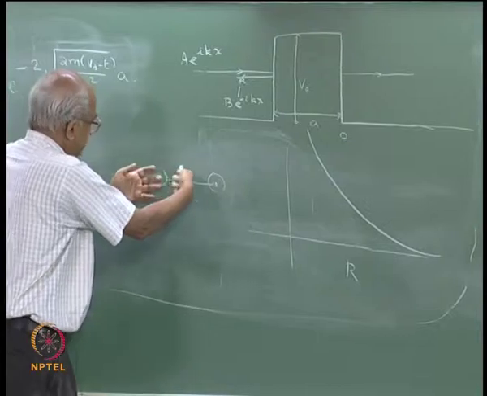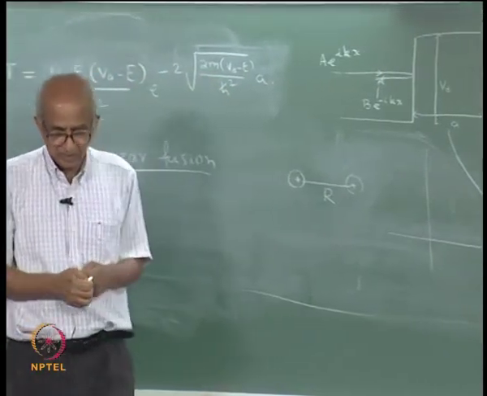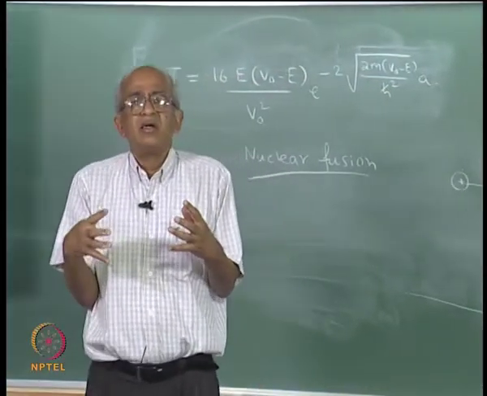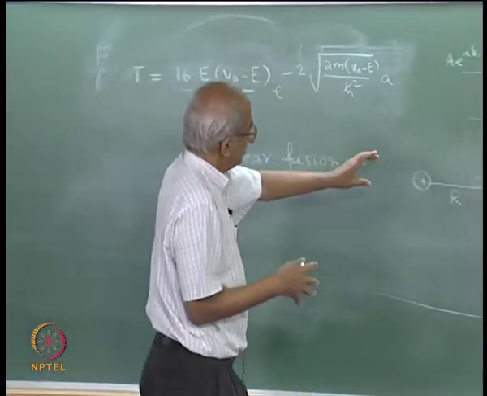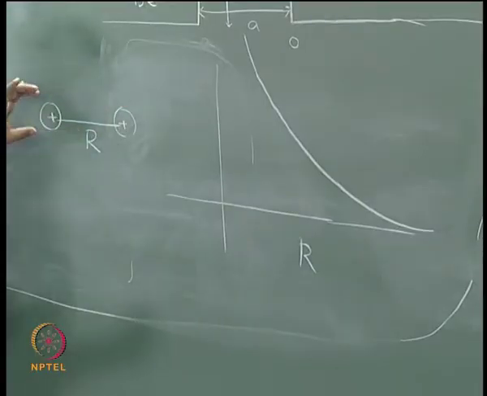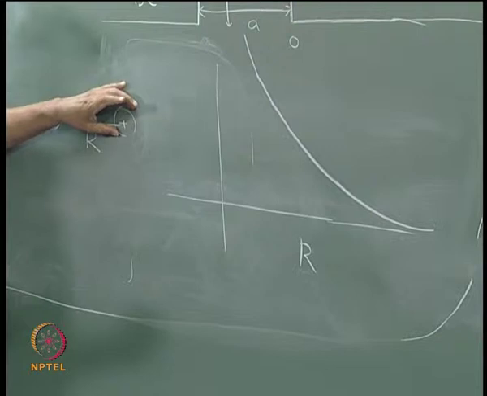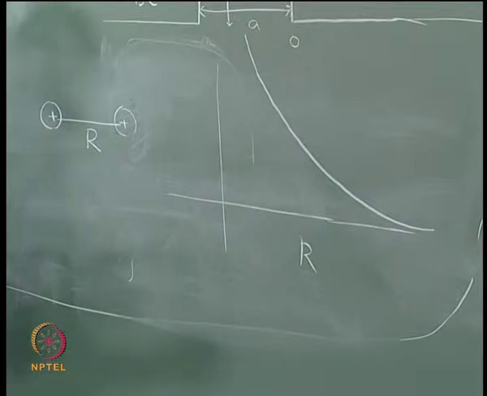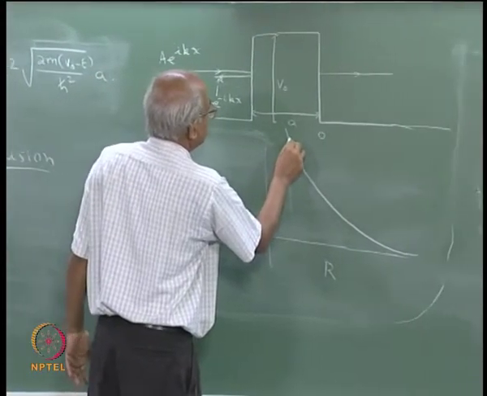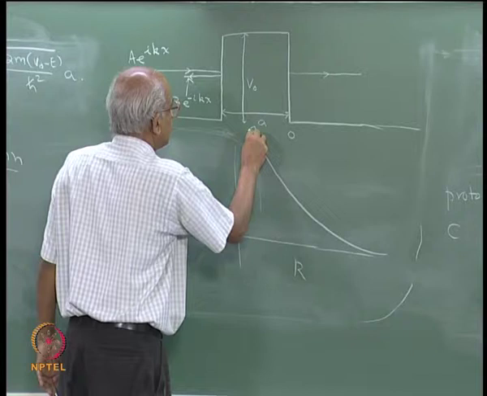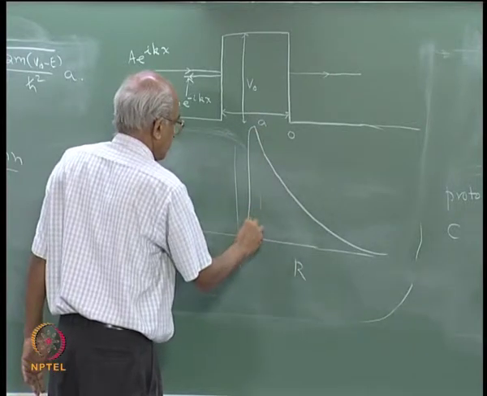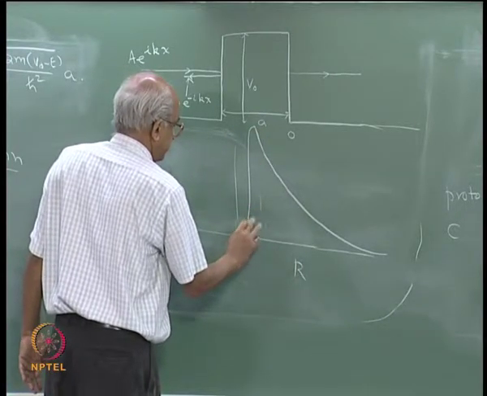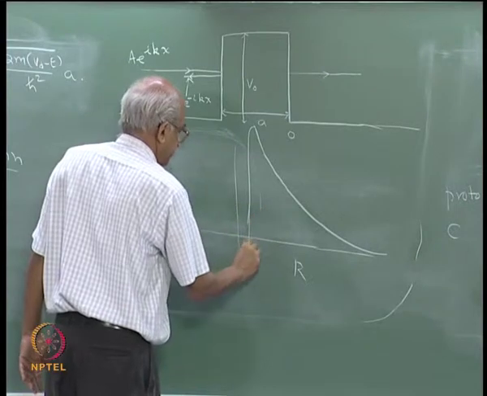But then when they are sufficiently close to each other, the particles within this nucleus will feel the attractive interaction with the particles of the other nucleus, nuclear forces essentially, as a result of which the energy of the system will turn around and come down, and that is why the fusion reaction can actually take place.